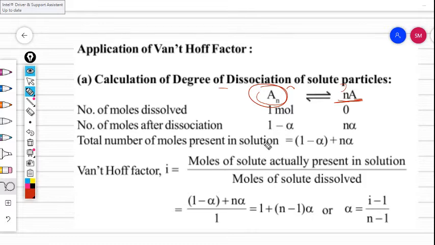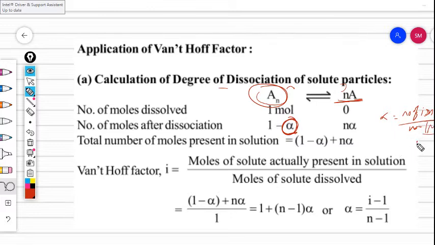So during the dissociation, 1 mole is going to dissociate into products. How much it is going to dissociate into the ions is based on the degree of dissociation. This is indicated by alpha. What is meant by degree of dissociation is the number of ions dissociated by the number of particles taken.